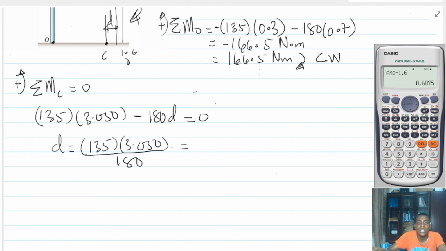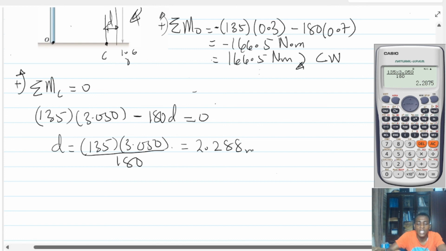And what is that? So that is going to be 135 multiplied by 3.050. Then I'll divide this by 180. So the value of D that I will get is 2.288 meters.